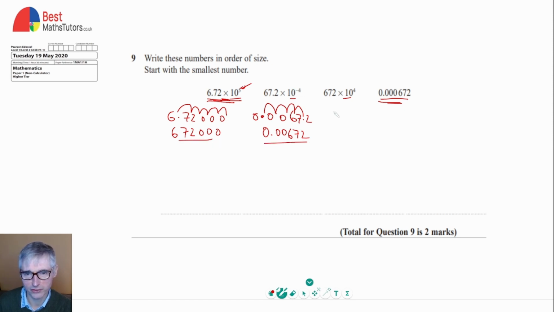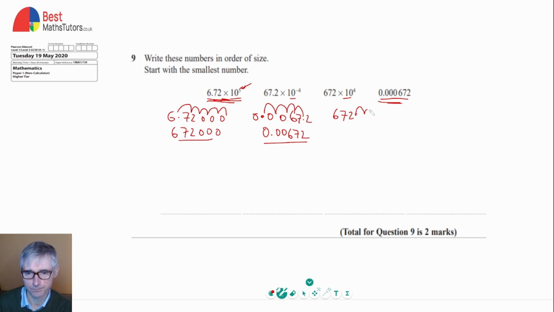This one, 672 times 10 to the 4, although the decimal point's not written in there, it actually is after the 2 there. If it's not written, it's after the final number, and we're going to move it from there 4 places to the right because the power is positive on the 10.